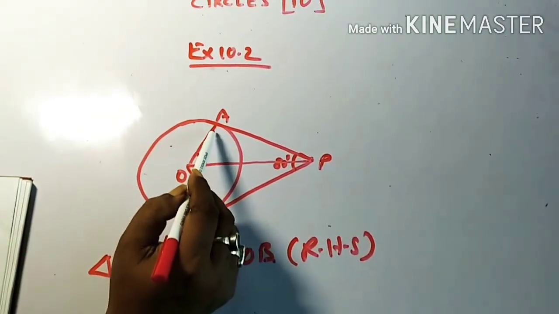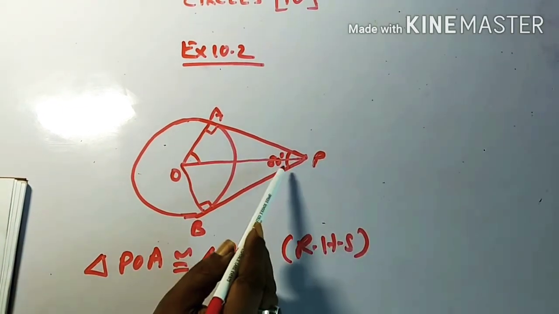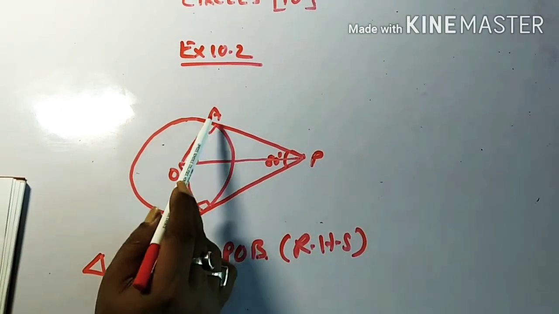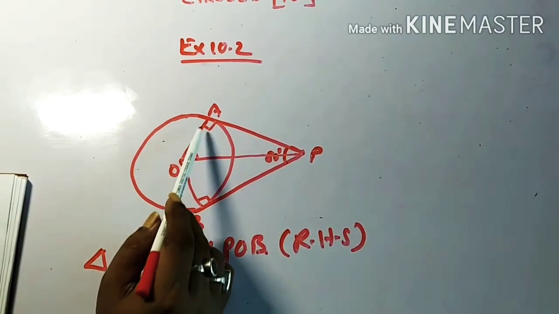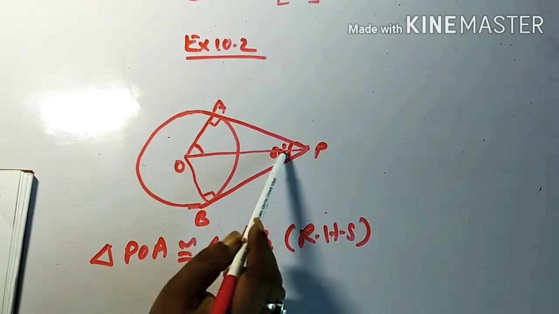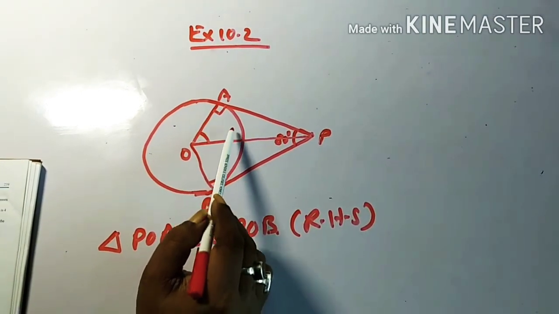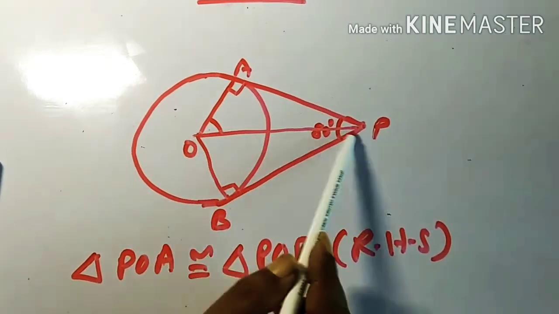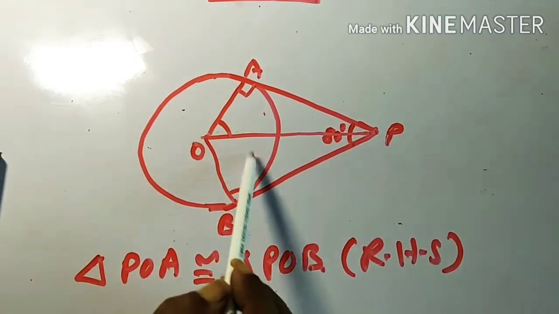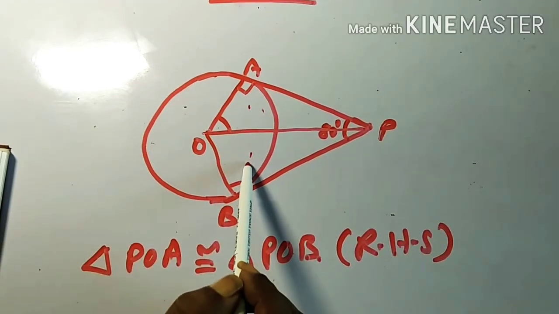You see, this is 90 degree, radius is perpendicular to the tangent. And these two are the radius, they are equal, same circle. And this is the common side, OP, which is the hypotenuse of these two triangles. So from RHS, these two triangles are congruent.